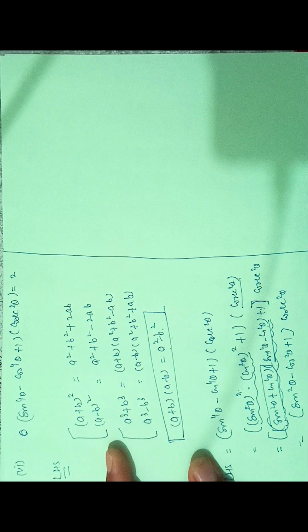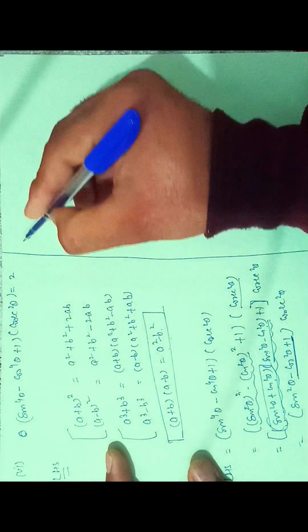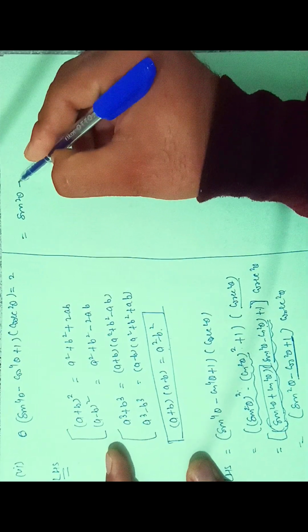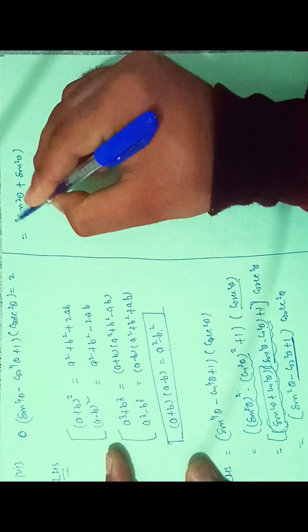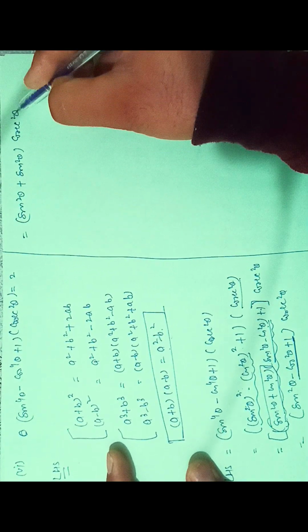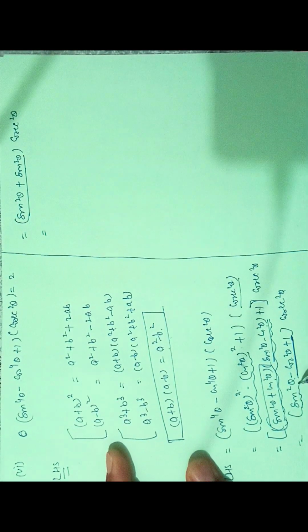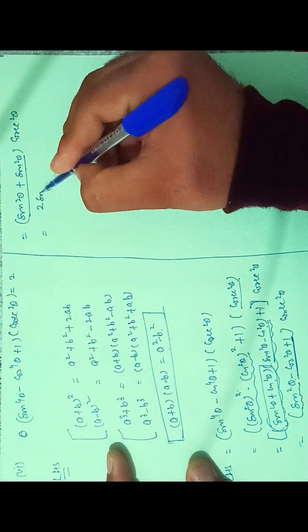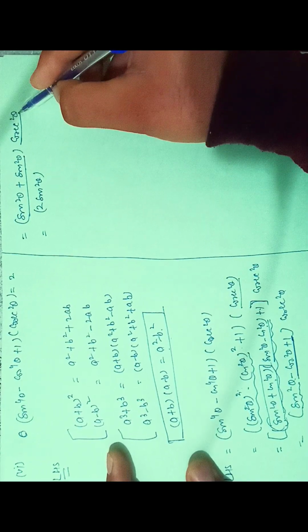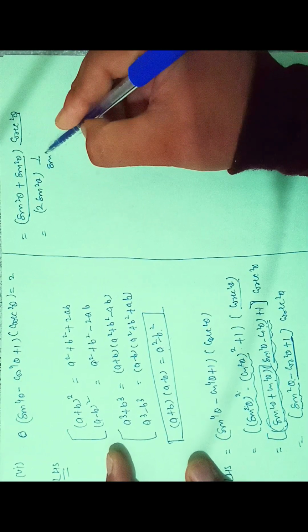Now you can see 1 minus cos square theta is sine square theta. So sine square theta plus sine square theta, and here we have cosec square theta. So this will be 2 sine square theta, and simply I'll convert this in sine, so it will be 1 minus sine square theta.